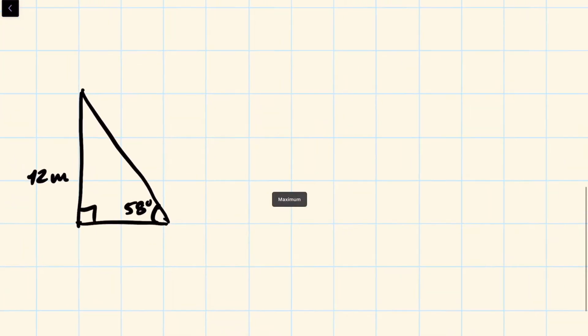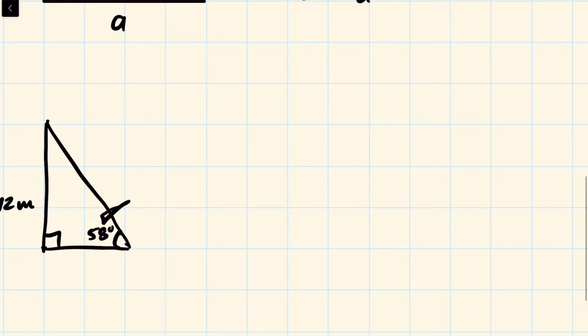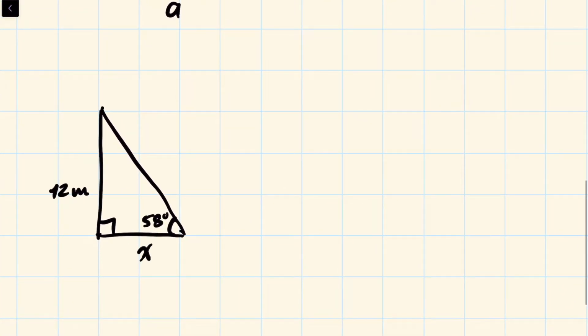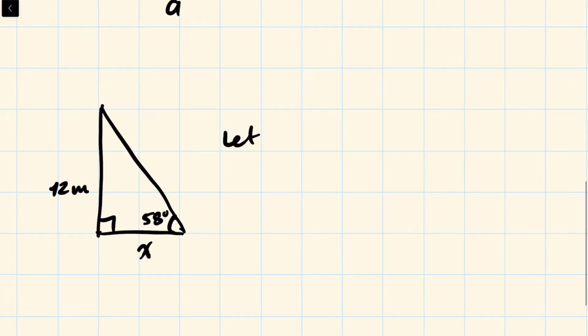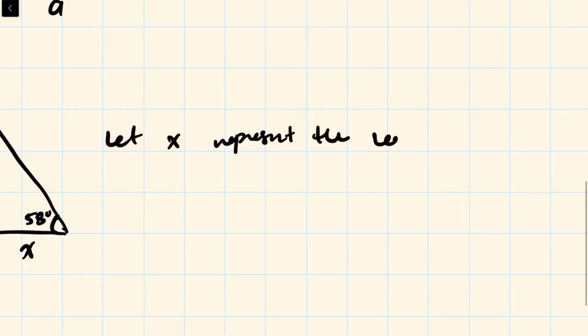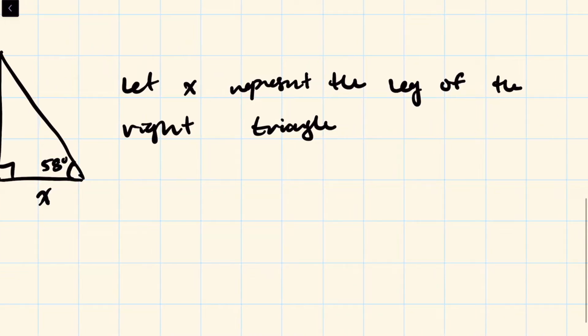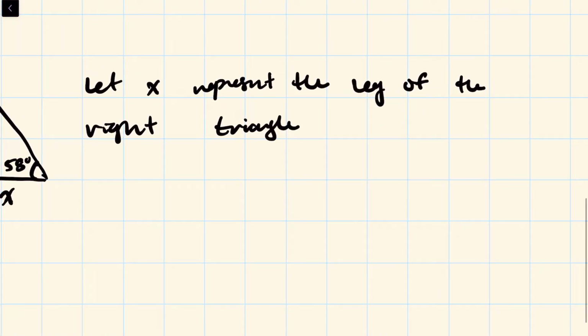So we're going to make this our angle theta, that 58. So since we want to find this, we'll label it x. Let's say let x represent the leg of the right triangle that is adjacent to theta.